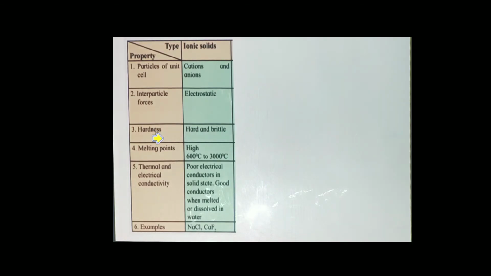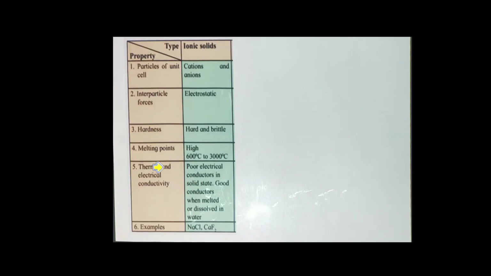Since the interparticle forces are stronger, they have a high melting point. The range of melting point of these ionic solids is between 600 degrees Celsius to about 300 degrees Celsius.